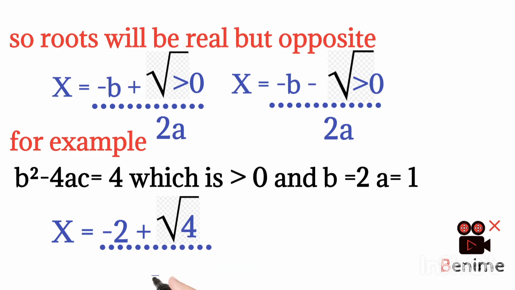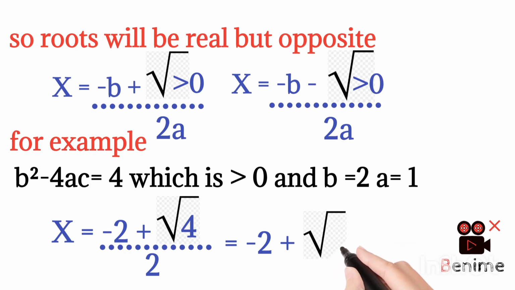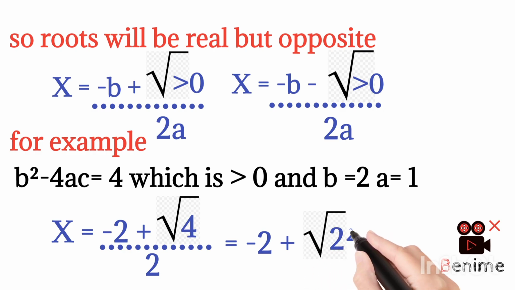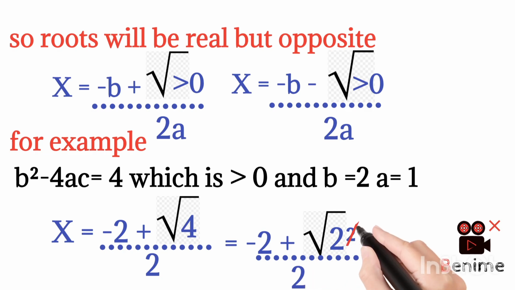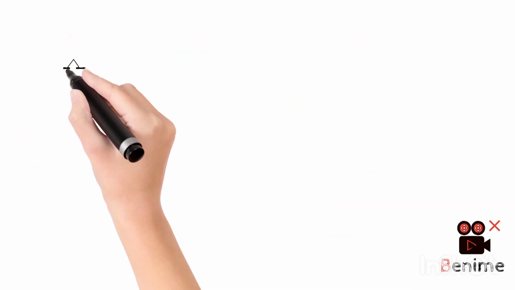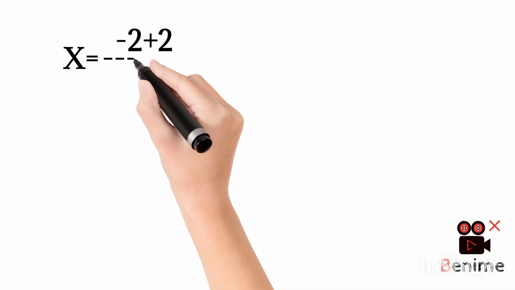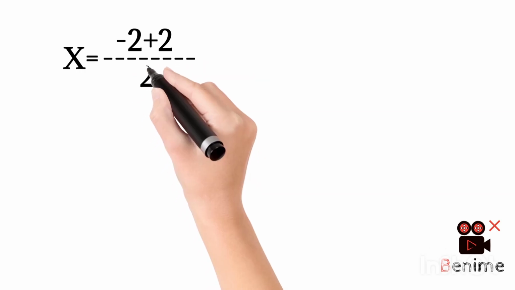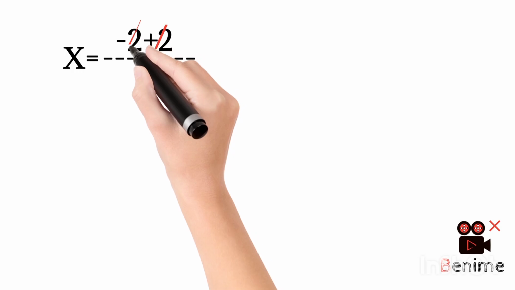Then x becomes (-2 + √4) / 2, which is (-2 + √(2²)) / 2. Here the square of 2 will cancel out with the root sign, and we are left with (-2 + 2) / 2. Minus 2 plus 2 gives us 0, and 0 divided by 2 is 0, which is the first root of x.